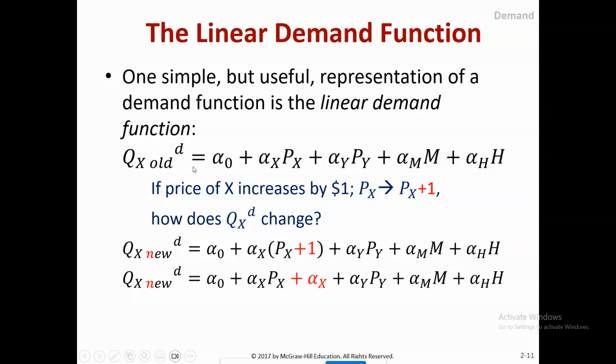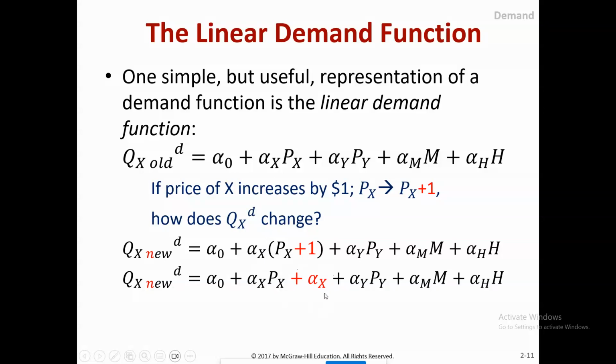Now, this is the original mathematical expression. The new one is expressed with everything the same, except the change will be price of X plus 1. Then we split the parentheses.